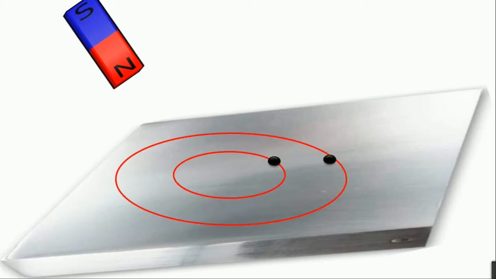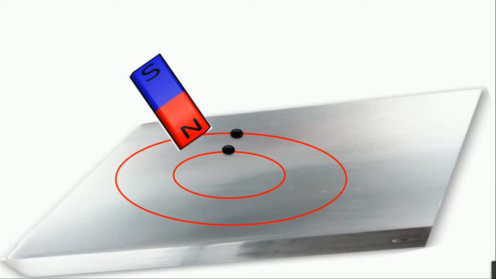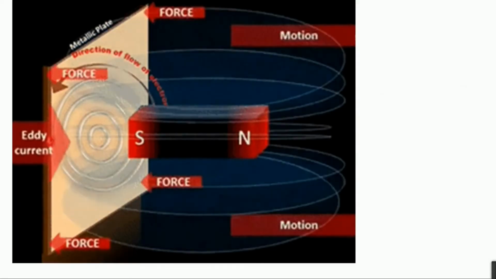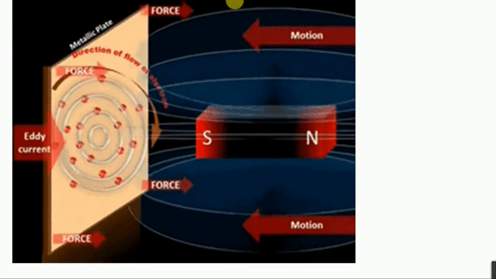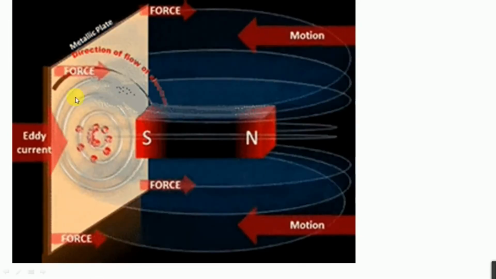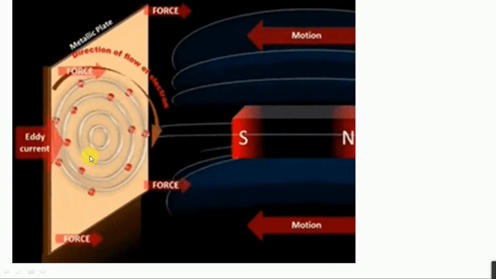When we move the north pole towards the block, the magnetic flux through this block changes and induced current is produced, which moves in a circular path. This current is called eddy current and the process is called electromagnetic induction. In this picture you can see the motion of the magnet is producing a circular eddy current in this metal block.